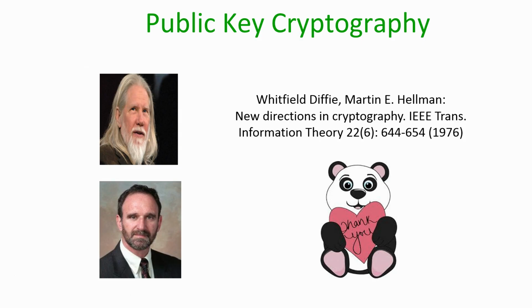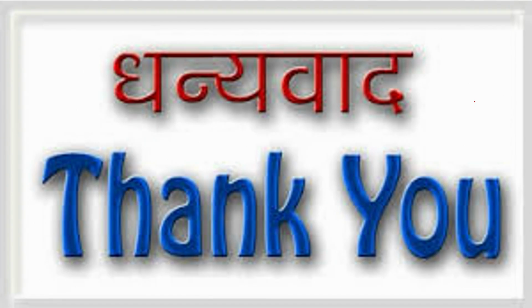It is only because of their vision and pioneering work that the whole area of public key cryptography emerged, and that is how we could think of doing secure communication with any unknown person whom we have never met, with whom we have never shared any kind of secret information, and we can conveniently do secure communication with those unknown people. Because of the impact of the work that they have done, they were awarded the Turing Award very recently.